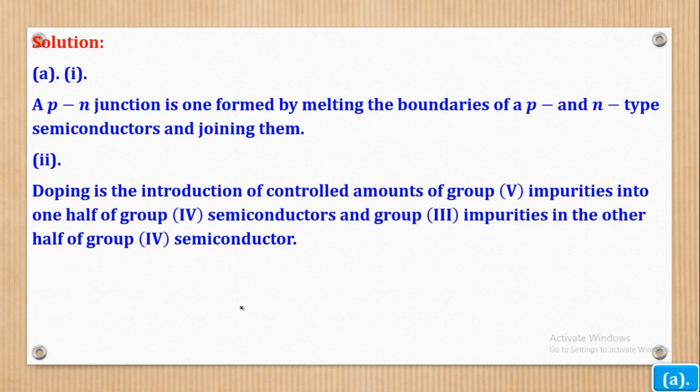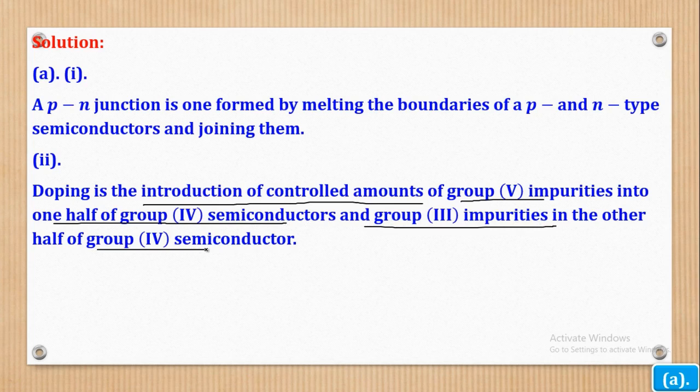So doping is the introduction of controlled amounts of group 5 impurities into 1/2 of group 4 semiconductors and group 3 impurities in the other half of group 4 semiconductors.